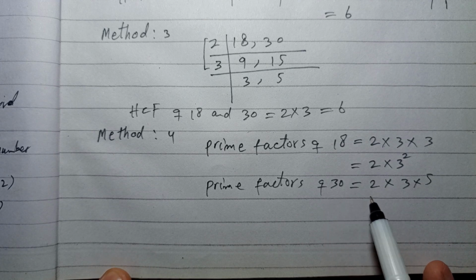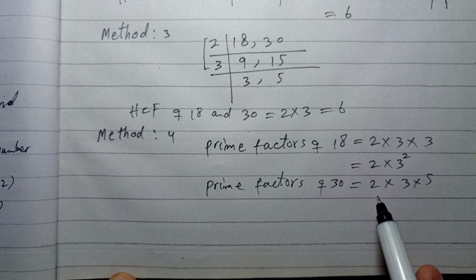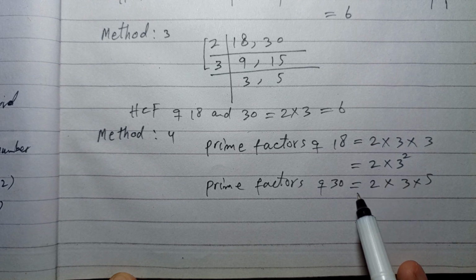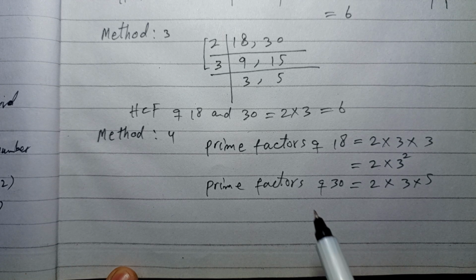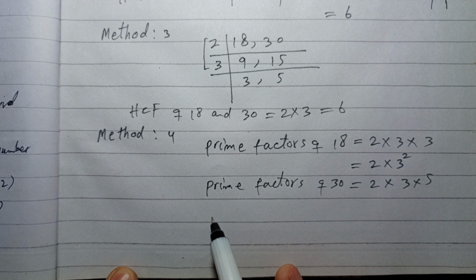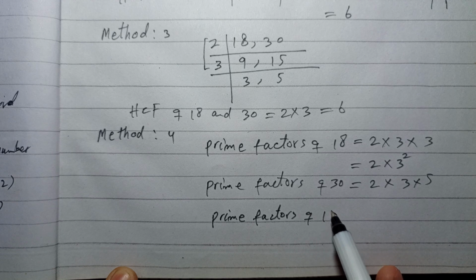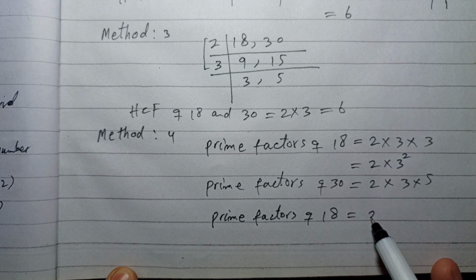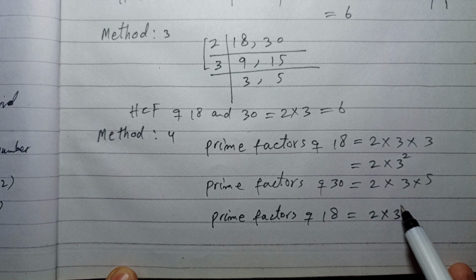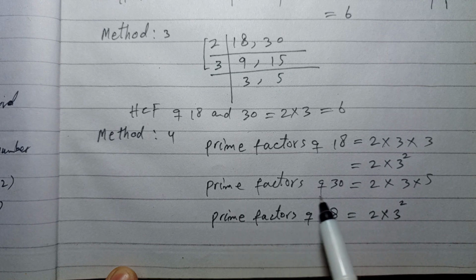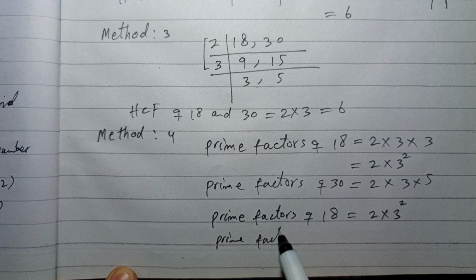Now if you want to find the HCF from these prime factors having index notation, you will write these again. See here, prime factors of 18 equal to 2 multiplied by 3 raised to power 2, and prime factors of 30 equal to 2.